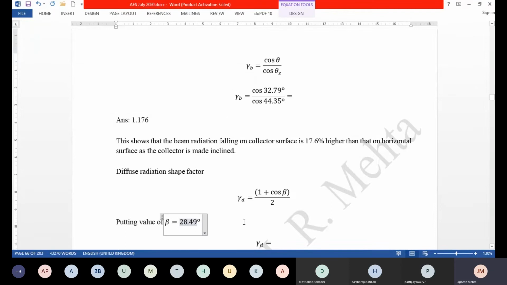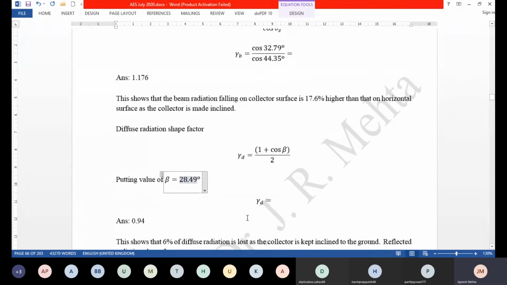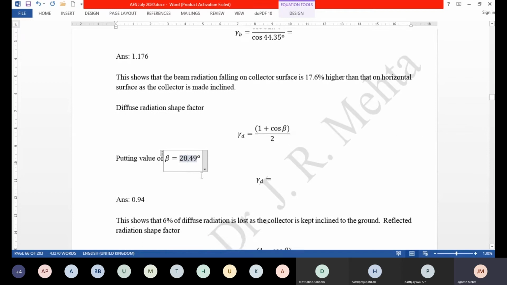Yes, I feel that should be correct. Here it seems I have done some rounding off, so I've written it as 0.94, right? So 0.939 is very close to that. So must be correct. Now, what does it mean? This diffuse radiation, you can see it has not reduced too much. This is not much away from 1. It means that you have sacrificed only 6% of diffuse radiation, right?